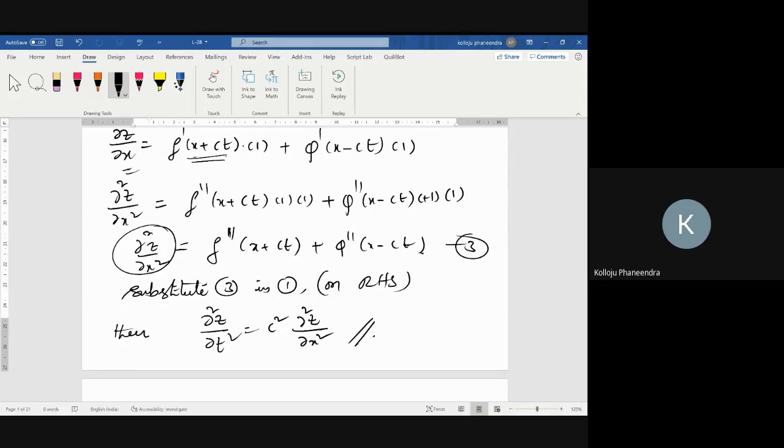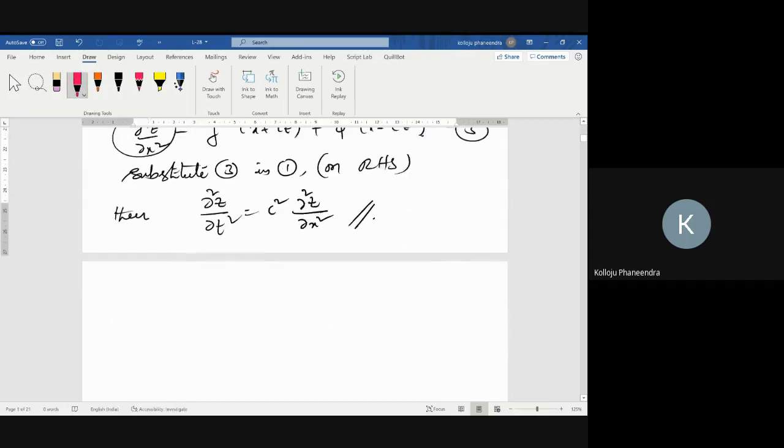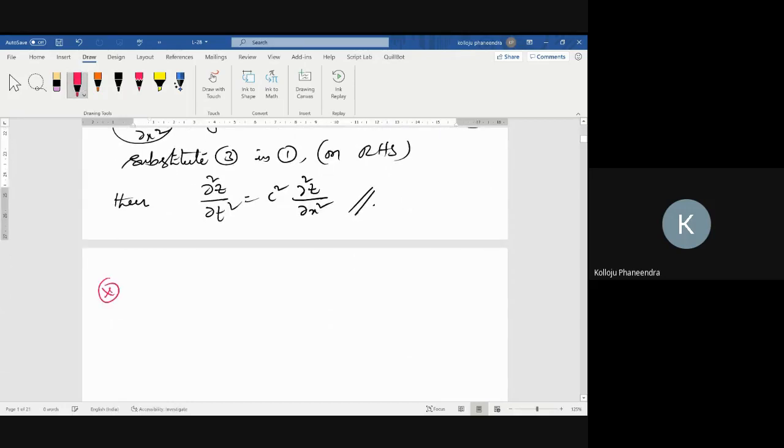And let me take another one where I have to separate the operator. What is the question in here? If u equal to log of x cube plus y cube plus z cube minus 3xyz.